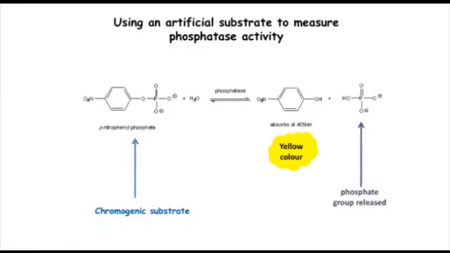However, because these phosphatase enzymes will remove phosphate groups from lots of different substrates, we can use what's known as a chromogenic substrate. And that's an artificial substrate which, when the phosphatase removes the phosphate group, produces a coloured product. On this slide, we can see the reaction that we're going to use.